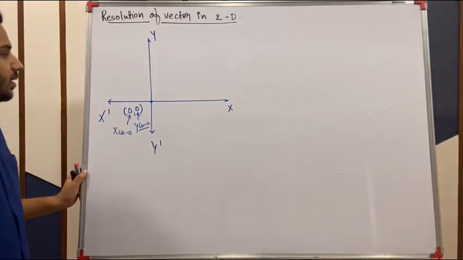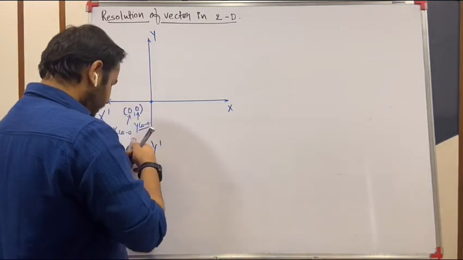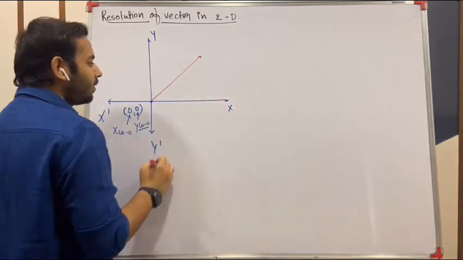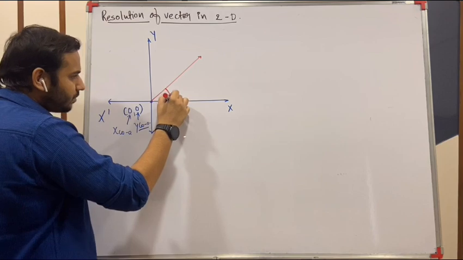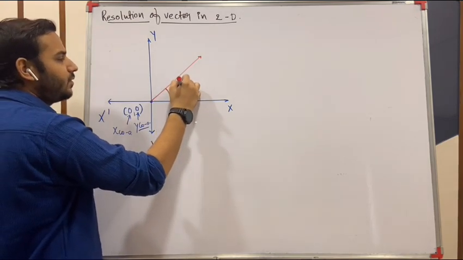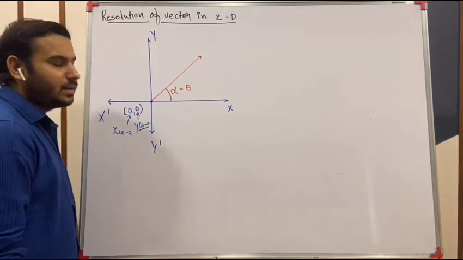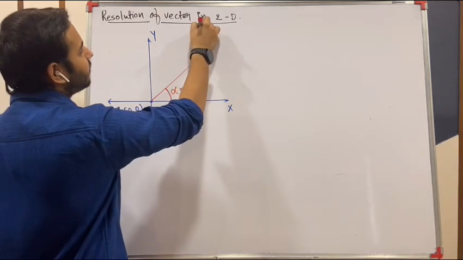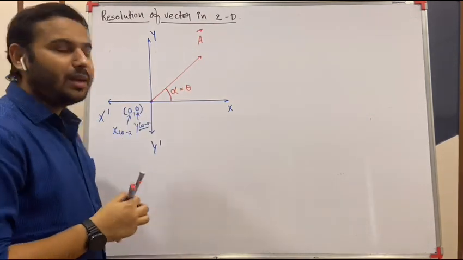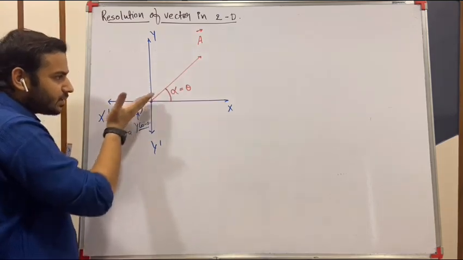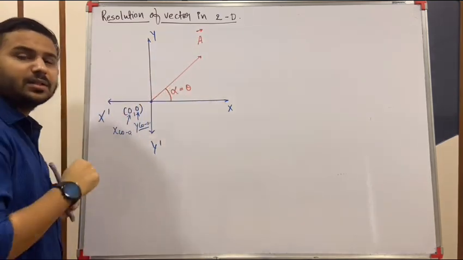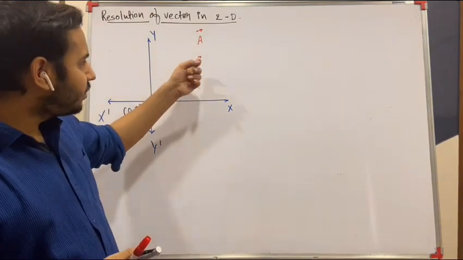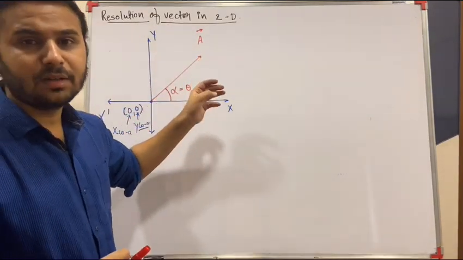Right. Now let me draw a vector which is making an angle of theta. First I'll say alpha. Say alpha is theta. This is vector A. Length of vector A is representing its magnitude, in the direction of arrow, which is called head of the vector.